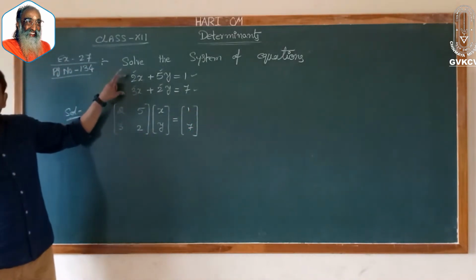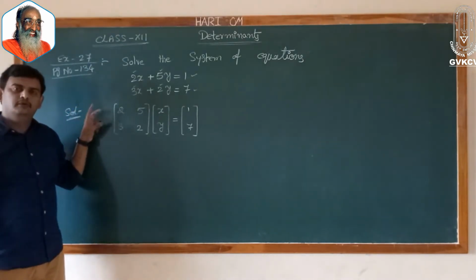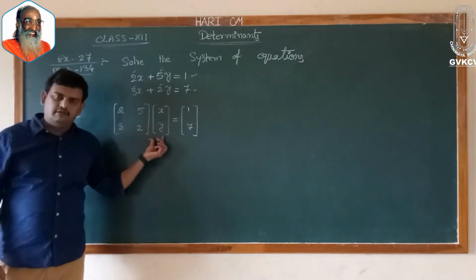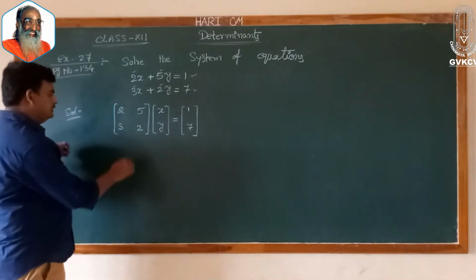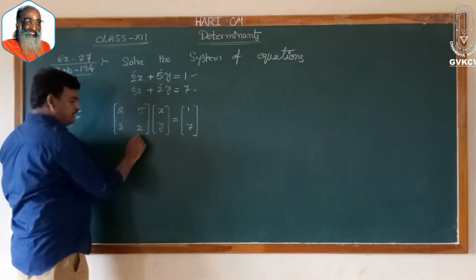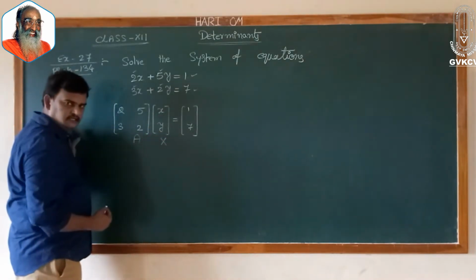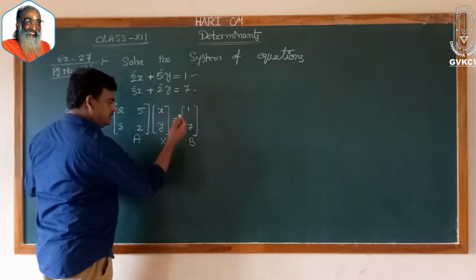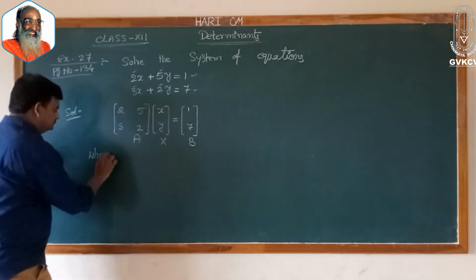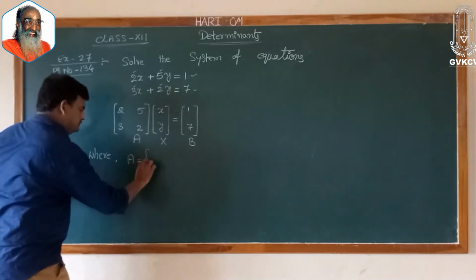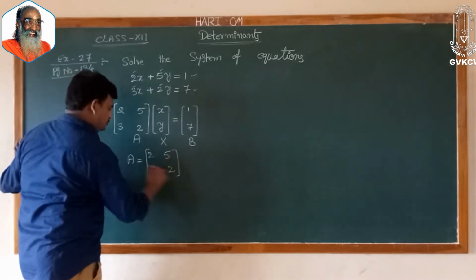So the given system of linear equations can be converted into matrix form. We have a coefficient matrix, a variable matrix, and a constant matrix. The coefficient matrix we consider as A, the variable matrix as X, and the constant matrix as B. So matrix A is 2, 5, 3, 2.